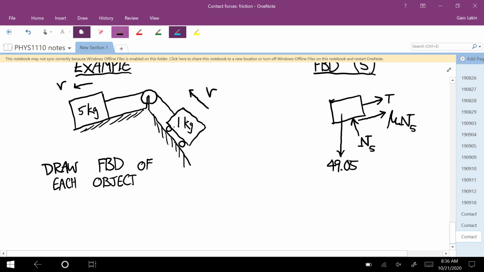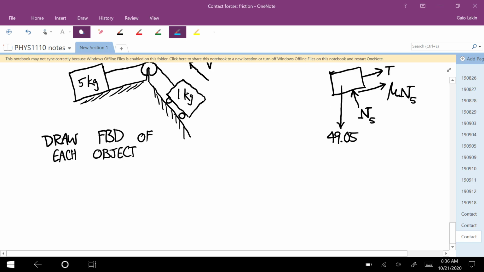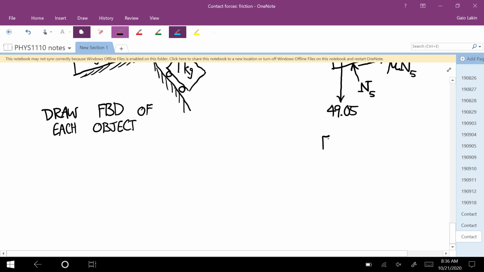Now the cart is not going to have any friction in it. Those wheels indicate that there's no friction. But free body diagram of the 1 kilogram cart. There's the outline. There's a weight force of 1 times 9.81.